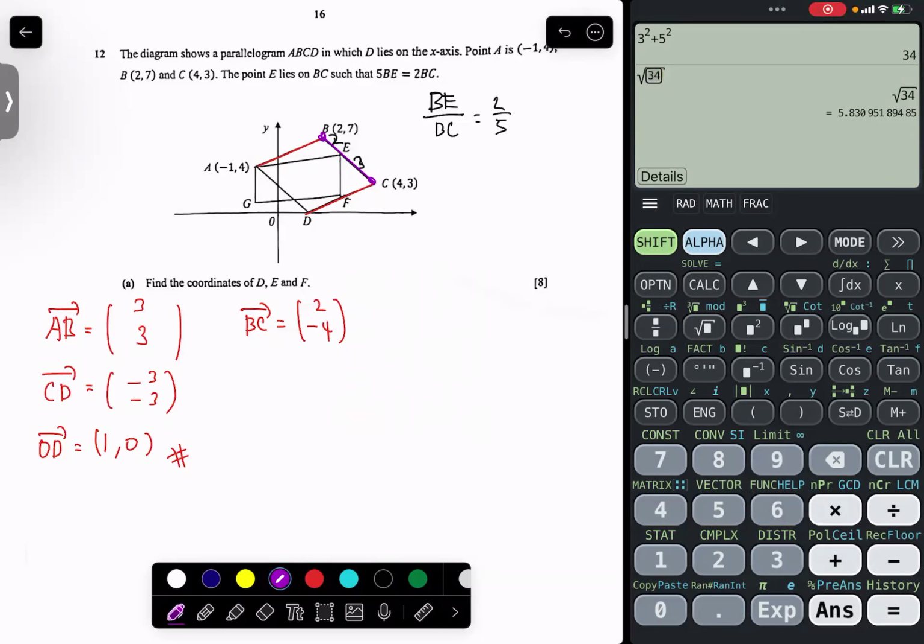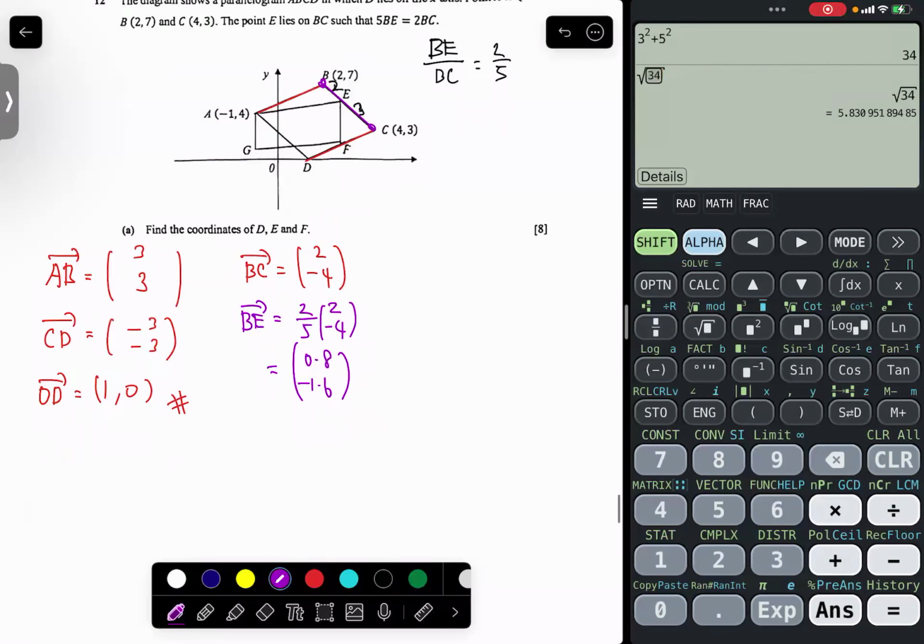How much did I move on the x? I moved 2. 7 to 3, I moved -4. So BC equals (2, -4), which means that BE will be equal to 2/5 of (2, -4). So that would be (0.8, -1.6).